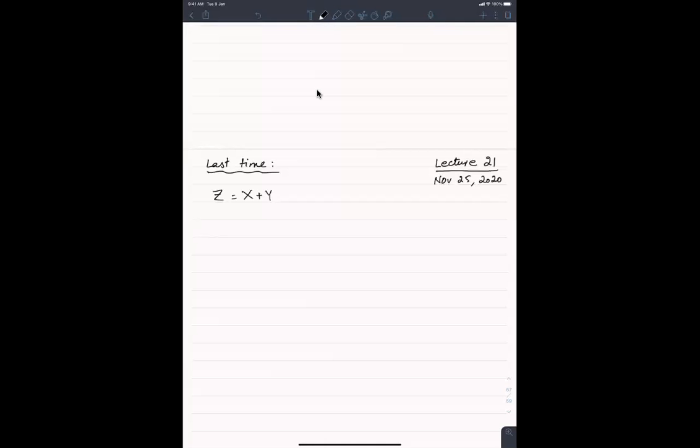X and y can be discrete or continuous. Similarly, z can be discrete or continuous.